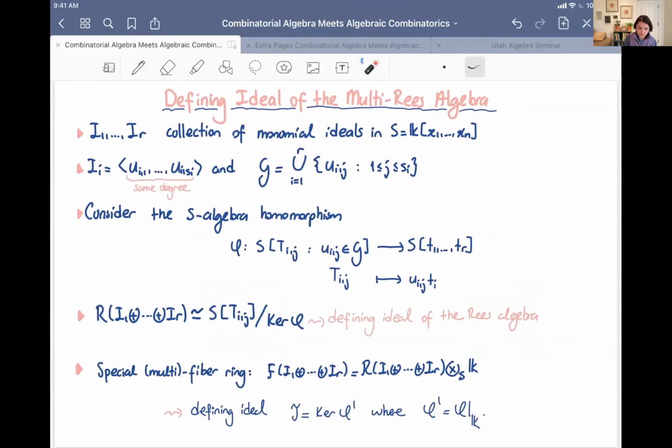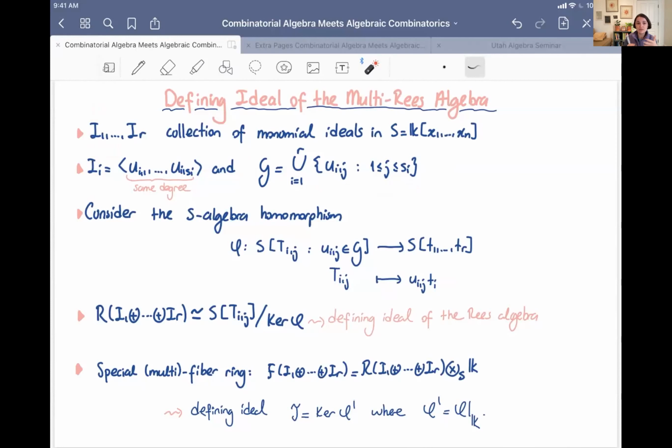For each of these ideals, let's consider a minimal generating set, and then put all of those generators into one gigantic set G, the minimal generators of all these ideals from I_1 up to I_r. One condition we have in our setup is that all the generators of I_1 are in the same degree. I_2 and I_1 could have different degrees, but within I_1 everything is in the same degree.